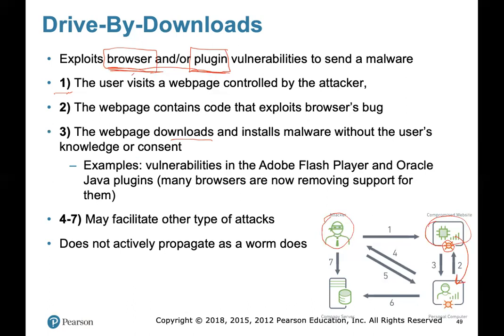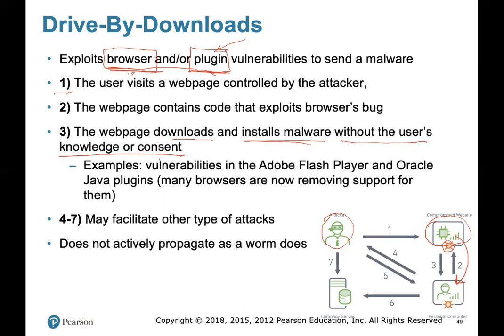The key point here is that the malware is being installed without the user's knowledge or consent. You never know that something was installed on your computer. The reason is that your browser or some of the plugins in your browser are vulnerable. That's why it is very important not to download unauthenticated or untrusted plugins into your computer.